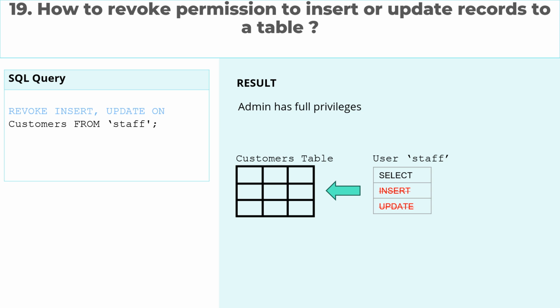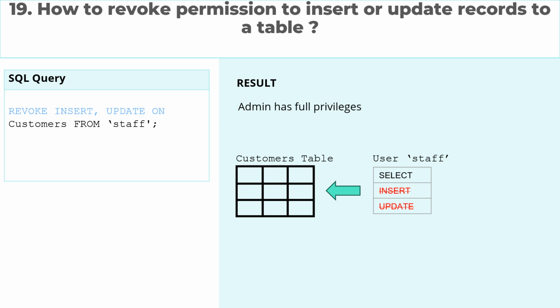Revoke, insert, update. This command removes the permission for the staff to insert, that is preventing them from adding new customer records. Update prevents them from modifying existing customer records. On customers specifies that these permissions are being revoked from the customers table.